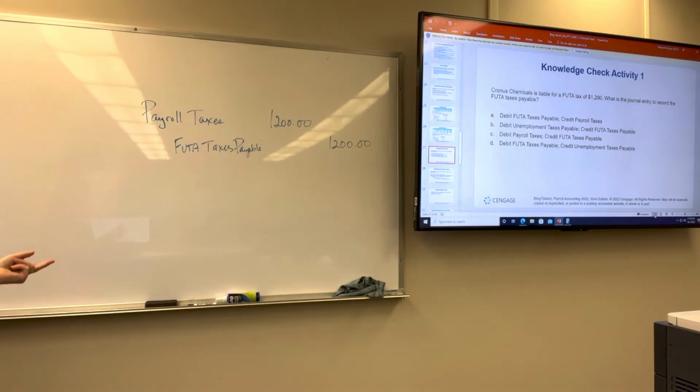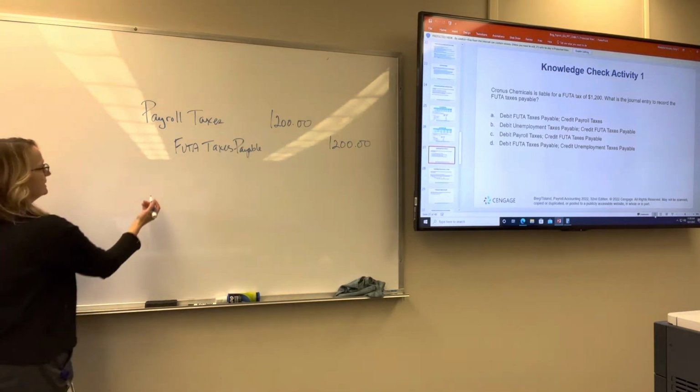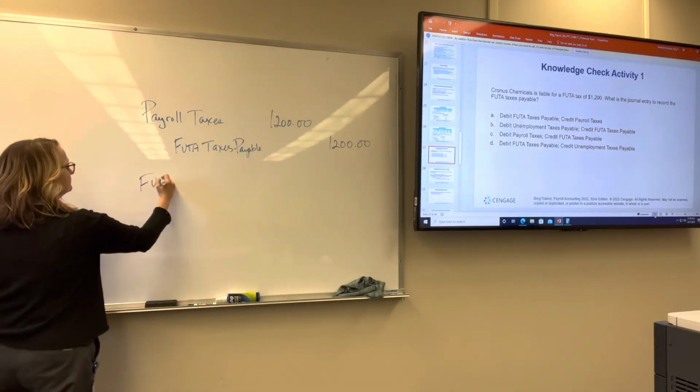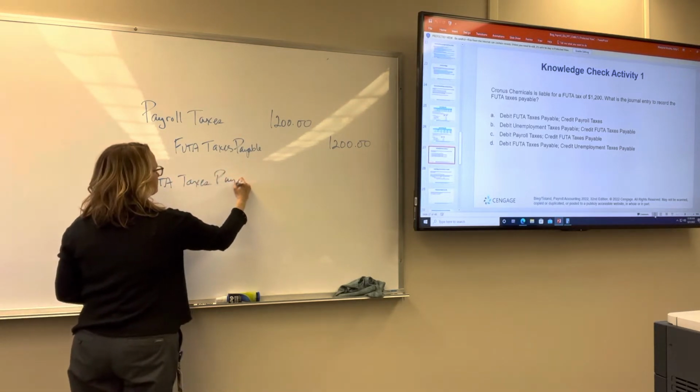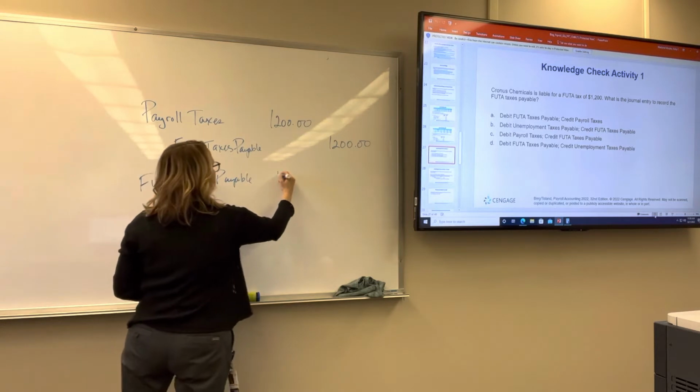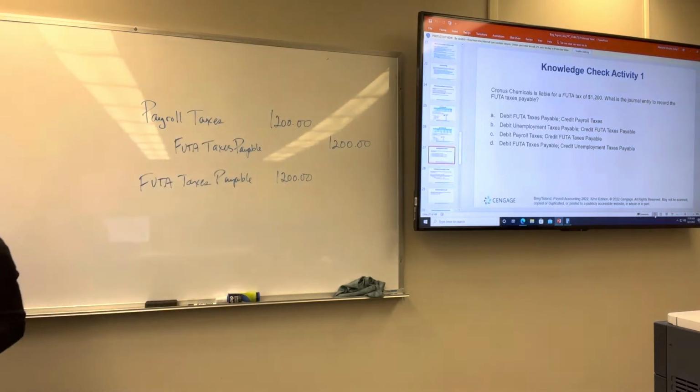Can anybody tell me what the journal entry would look like when we actually pay the FUTA taxes? You would debit. What's that? You would debit the payable. Right, then you're going to debit the payable for the $1,200. And then what do we get a credit?